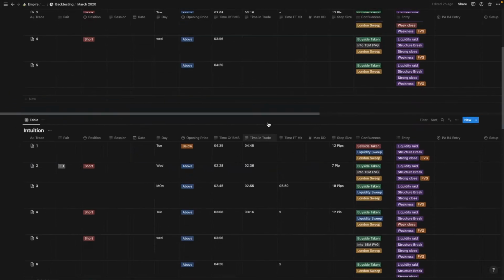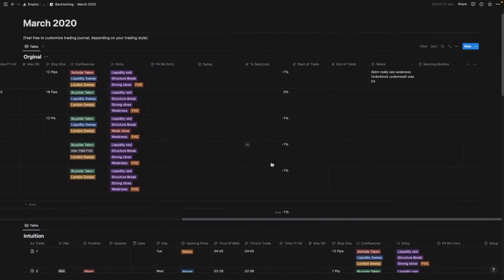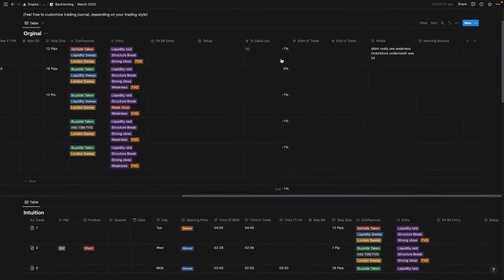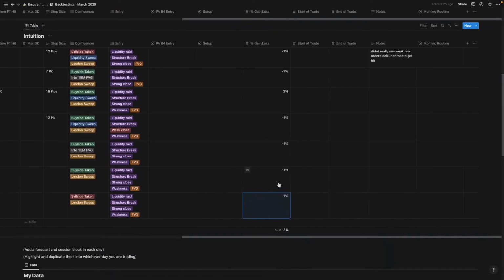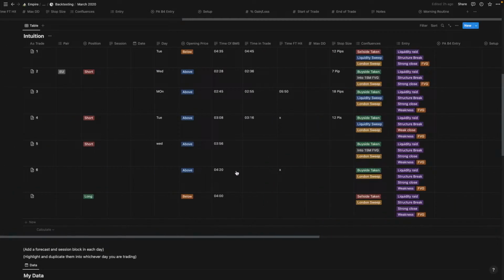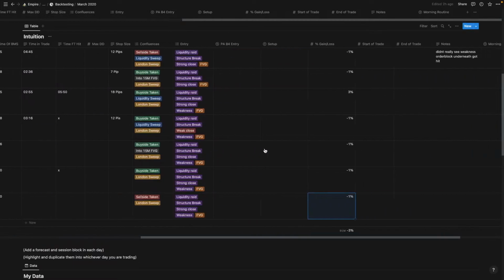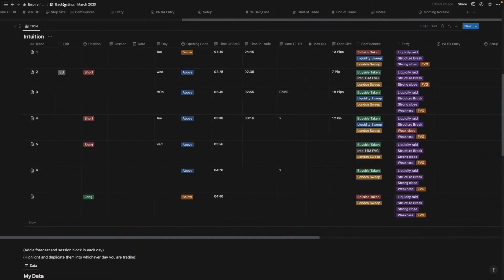So, what is this? Using my original method is a -1, 4 losses, 1 win. And this was -3. So this was 1 win and wow, 1, 2, 3, 4, 5, 6. So out of 7 trades, 1 win.